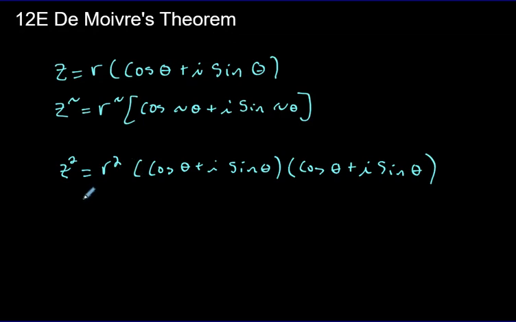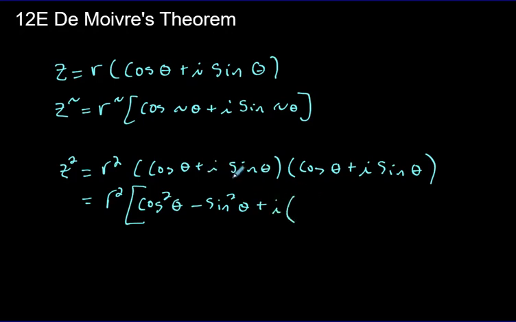And then what are you going to get? You still have the r squared. Now let's look at what happens. The real parts, you're going to have cosine squared, and the other real part from multiplying these two is going to be minus sine squared. Maybe you already see what that is. Now the complex parts, what are we going to get?